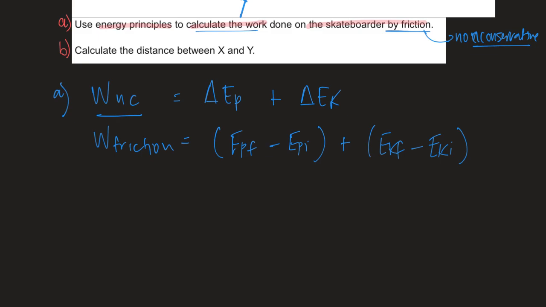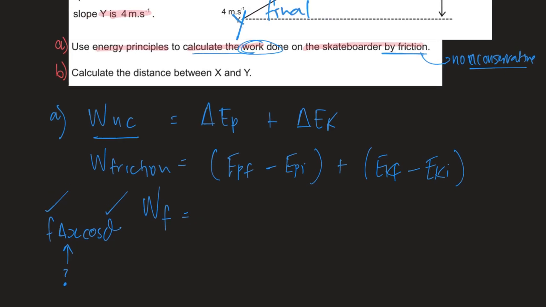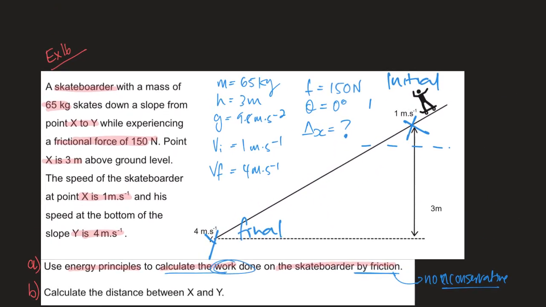Technically what they want is the work done by friction, so they want W_F. In order to do work done by friction, I could use F delta x cos theta. I have the force of friction, I have cos theta, but what I don't have is the displacement. But I do have the m, the g, and the h for potential energy, and I have the m and the v's for kinetic energy.